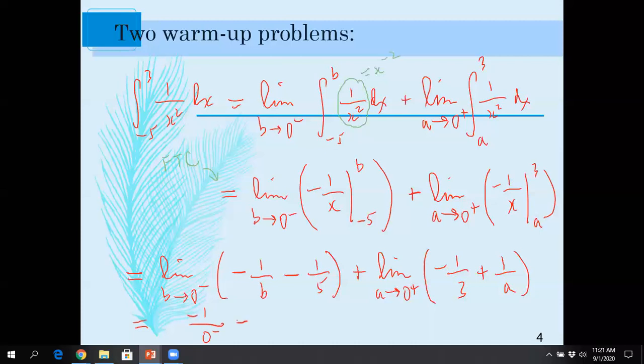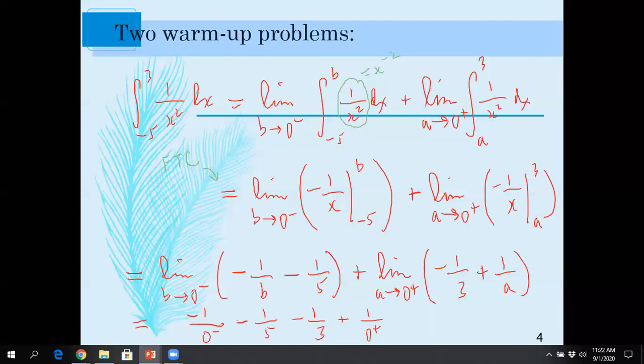And then I have a -1/5. Plus -1/3, and what's this last thing going to be? Plus 1 over 0 plus. Okay.